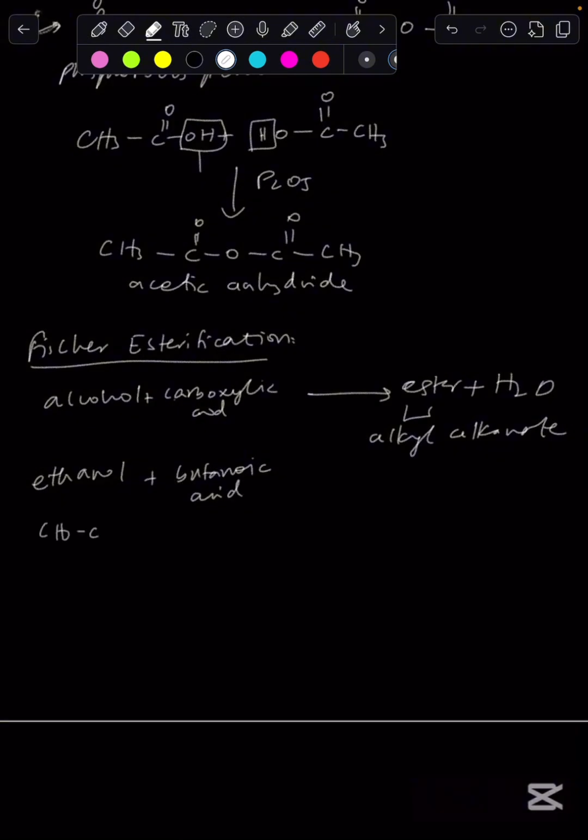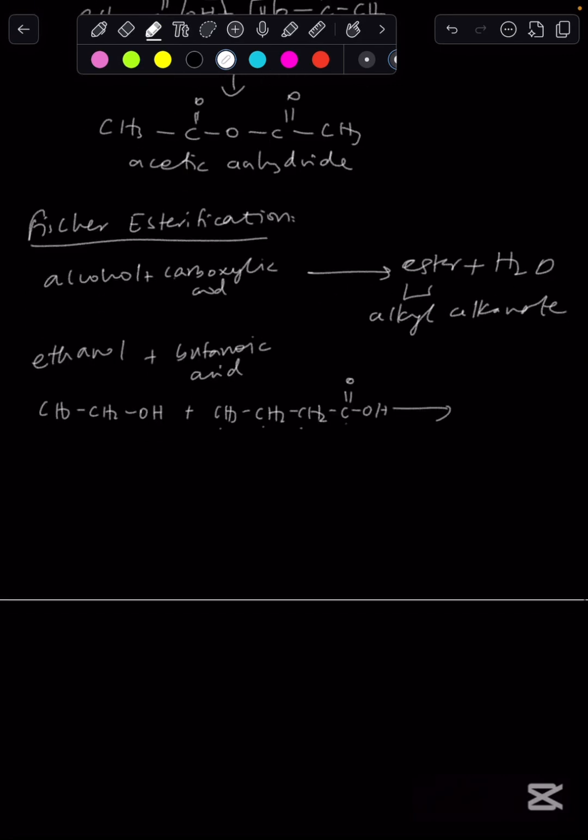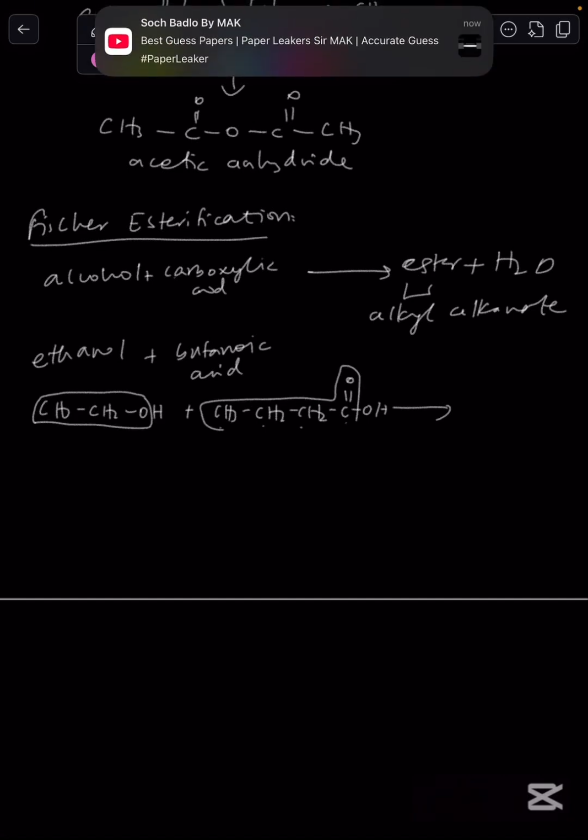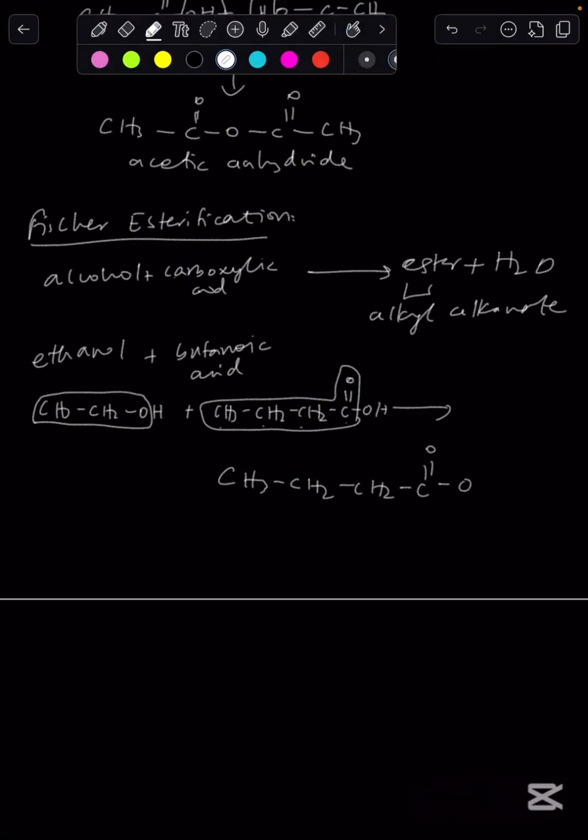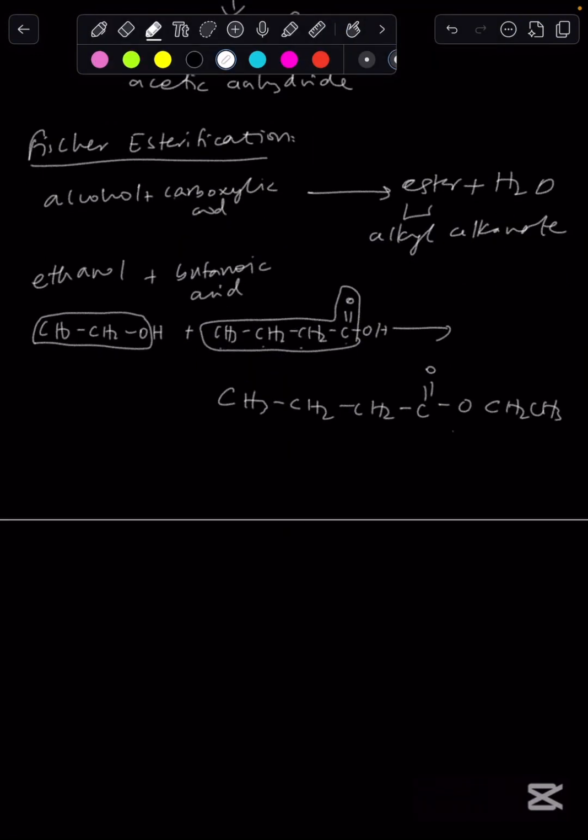So what it's going to do is take up this part and this part. What will form is, this part is going to be alkyl, and this part is going to be alkanoate. So this is going to be ethyl butanoate.